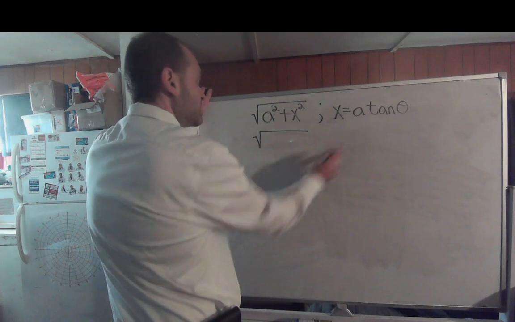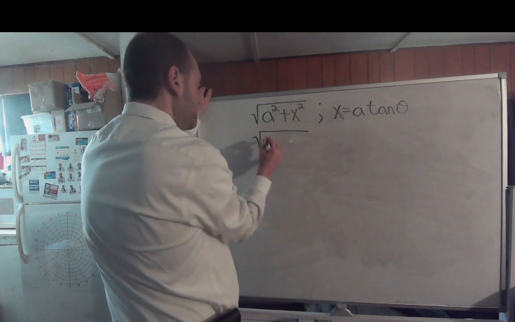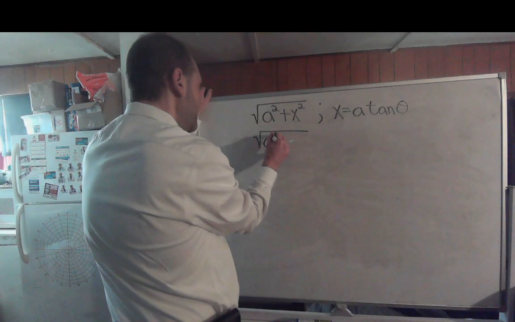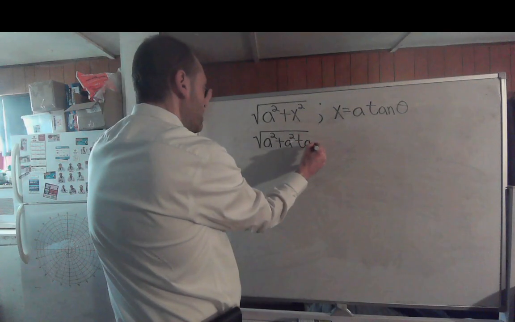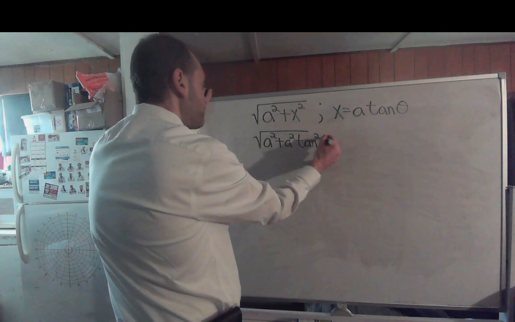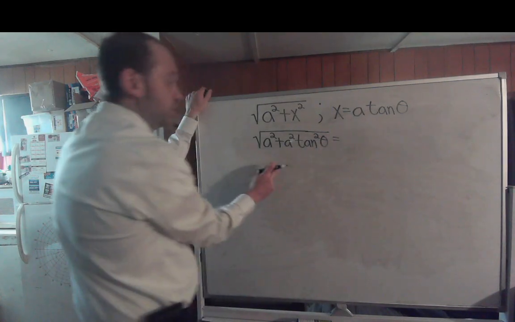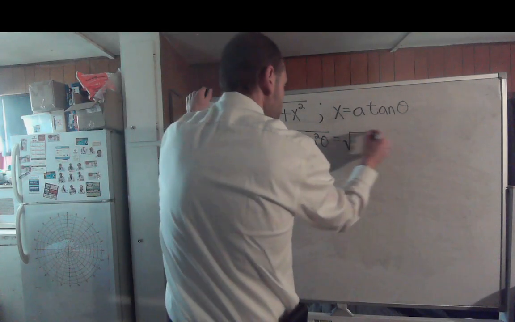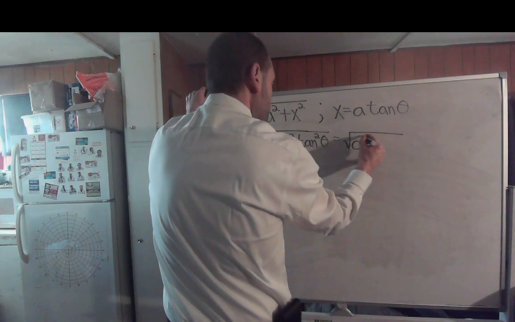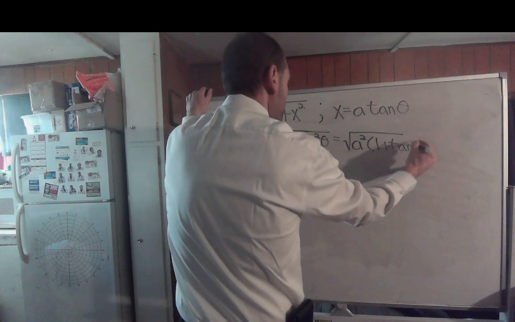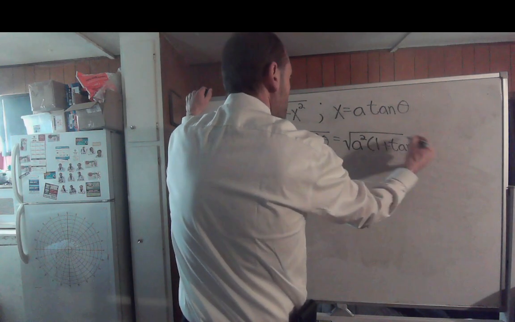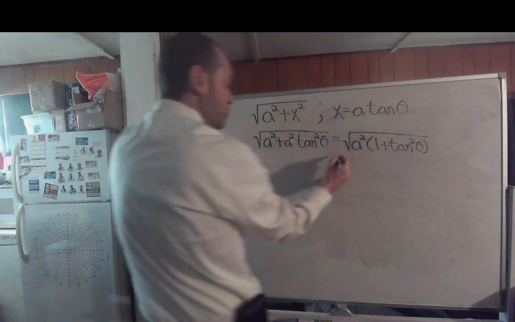So substitute that a tangent of theta in for x, you'll get the square root of a squared plus a squared tangent squared of theta, which you can factor out that a squared to start with. You'll get the square root of a squared times 1 plus tangent squared of theta, which now, what's 1 plus tangent squared of theta?